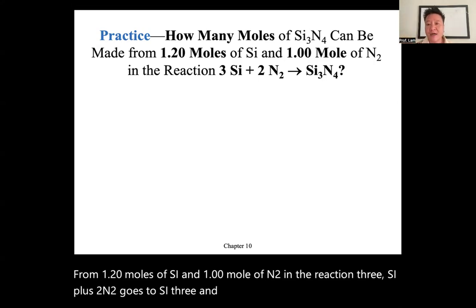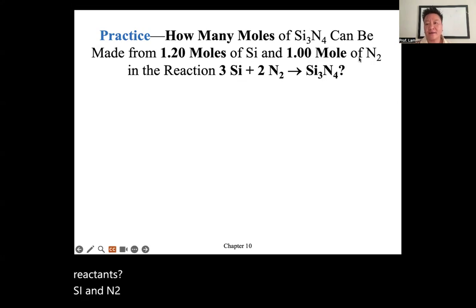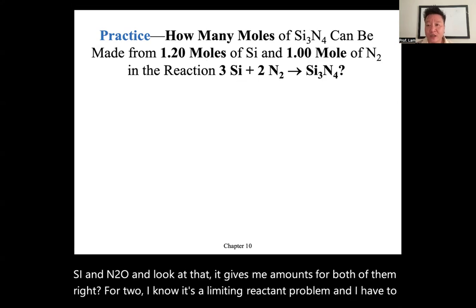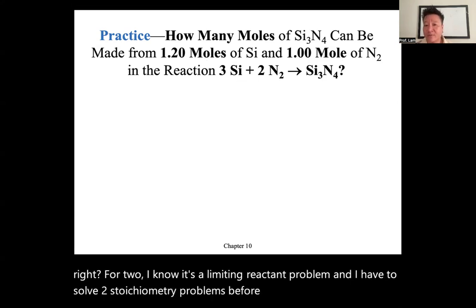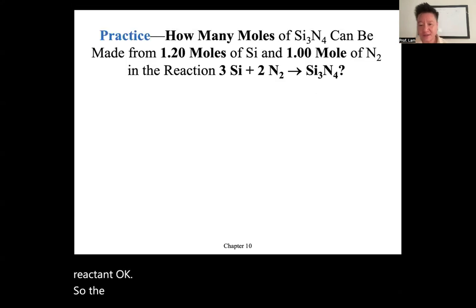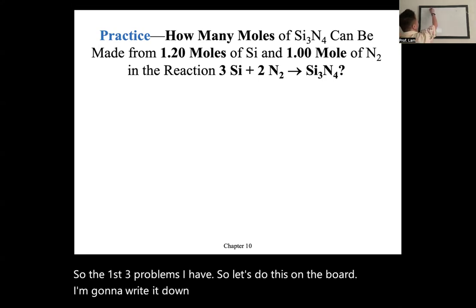Okay, so what are my 2 reactants? Si and N2. Oh, and look at that. It gives me amounts for both of them, right? So I know it's a limiting reactant problem, and I have to solve 2 stoichiometry problems before I can find the limiting reactant, okay? So let's do this on the board. I'm going to write it down first.